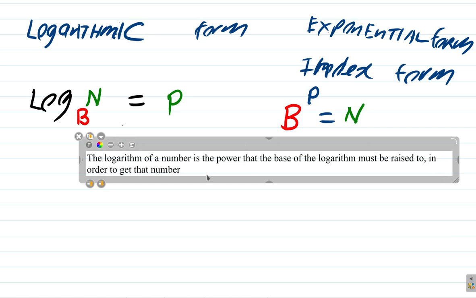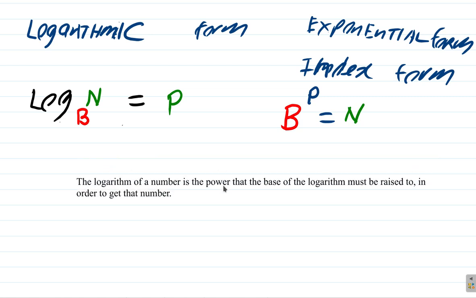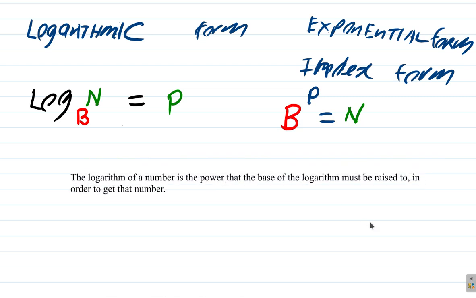That is just my made up definition of logarithm. You can find various definitions in books, websites, and so on. But here, the logarithm of the number n is P. You see that? Now, the logarithm of the number n is the power that the base of the log must be raised to in order to get that number.